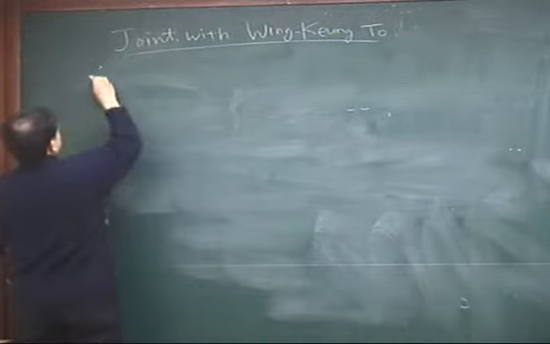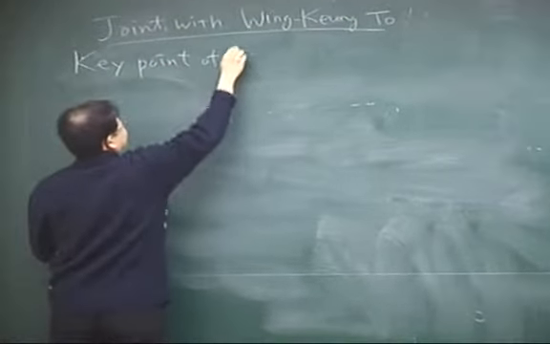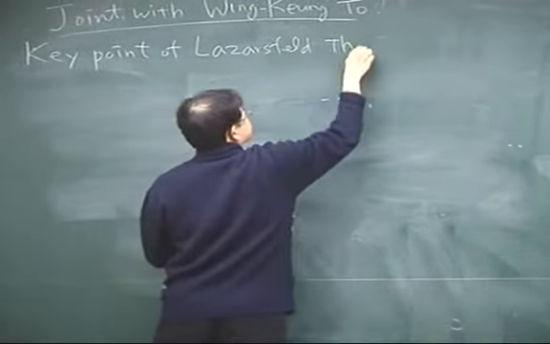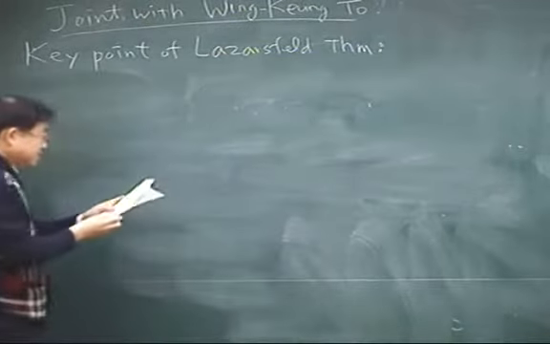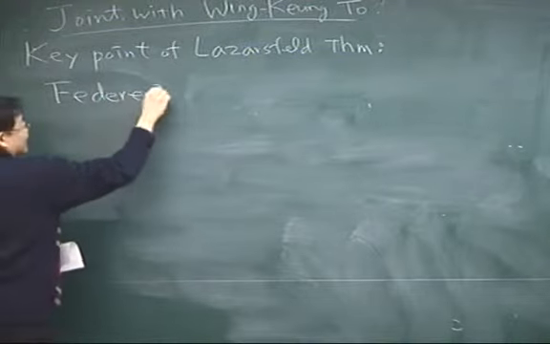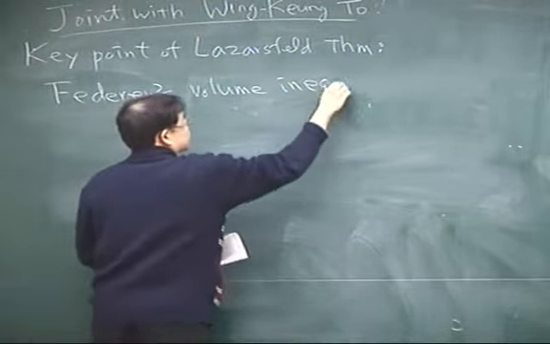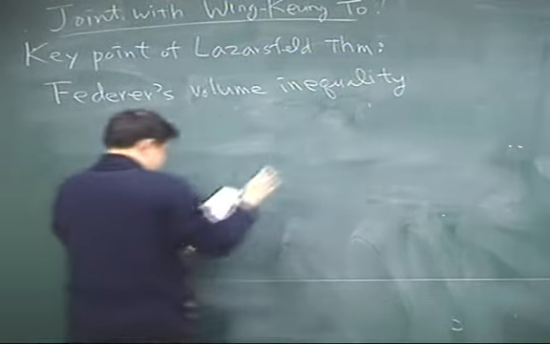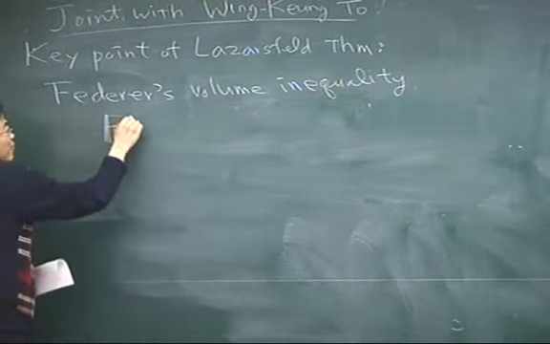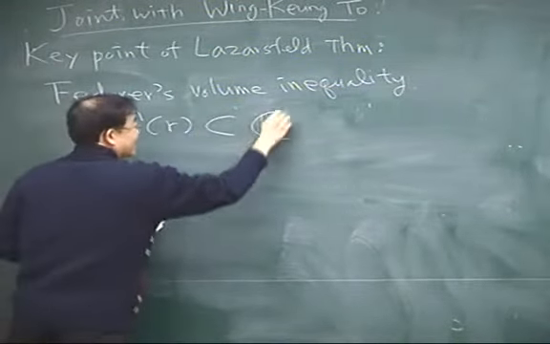Let's see. The key point of Lazarsfeld's theorem is the following. It's called Federer's inequality. It's in the following setting: you look at the n-dimensional ball of radius r in C^n.